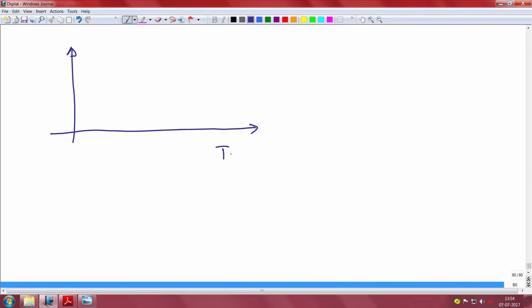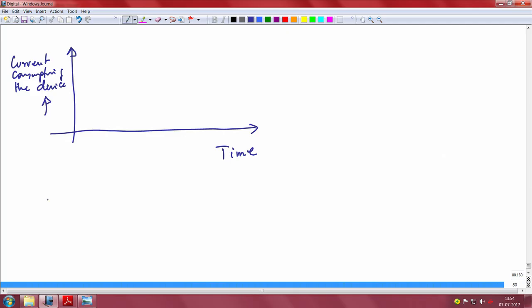The x axis is time, the y axis is instantaneous current consumption of the device. Okay. This is the current consumption of the device.